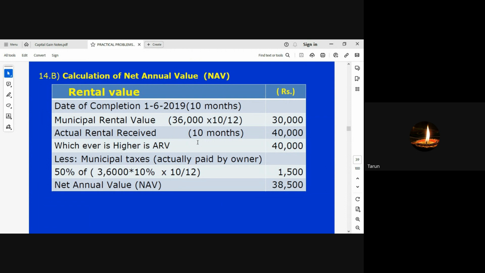That's why we have considered the date of completion period in this particular case.